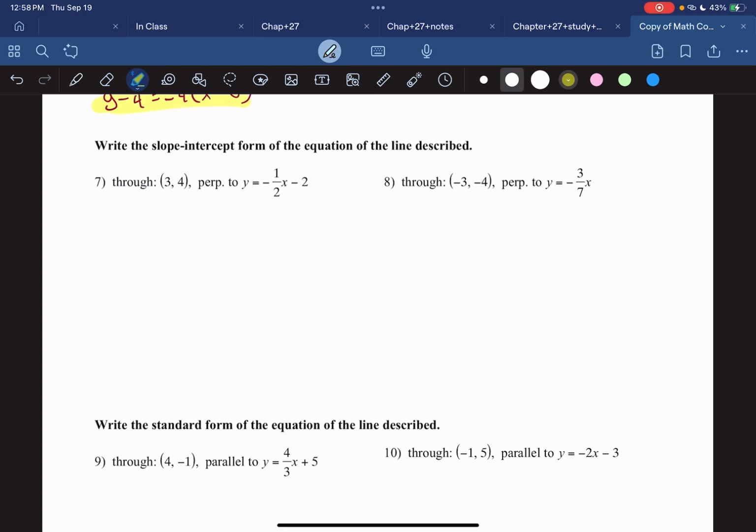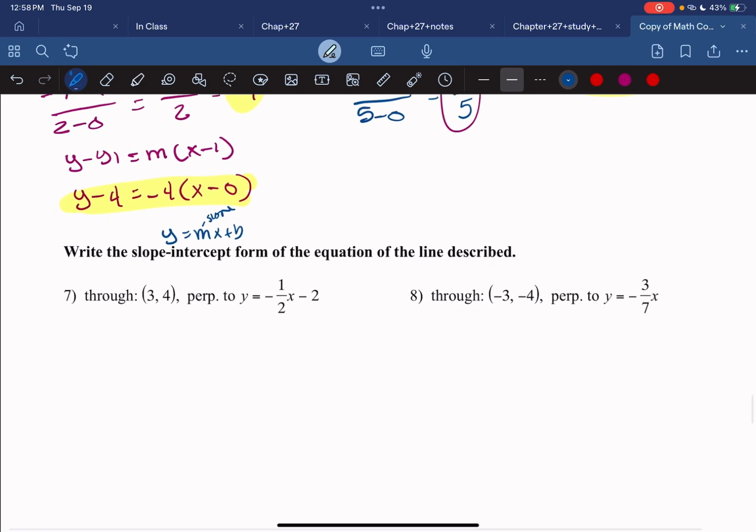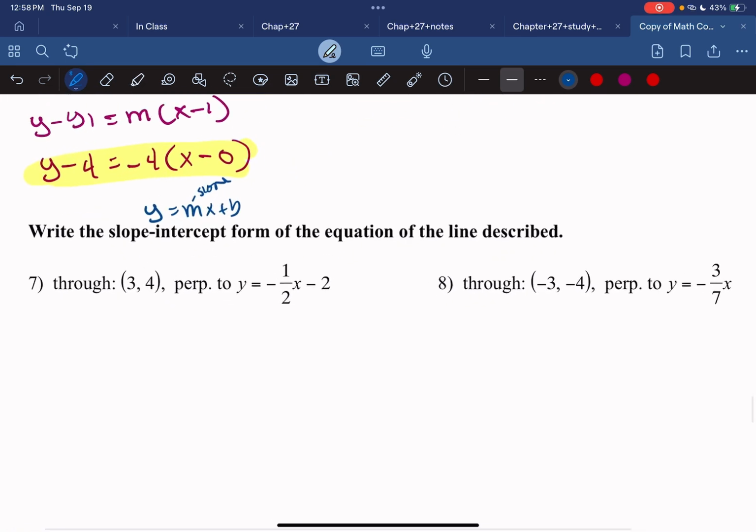Number 7. Well, 7 and 8. Write the slope-intercept form of the equation of the line described. Slope-intercept, we know what that is. We've done that before. y equals mx plus b, where m is your slope. In this case, we're given slopes and one set of data points.